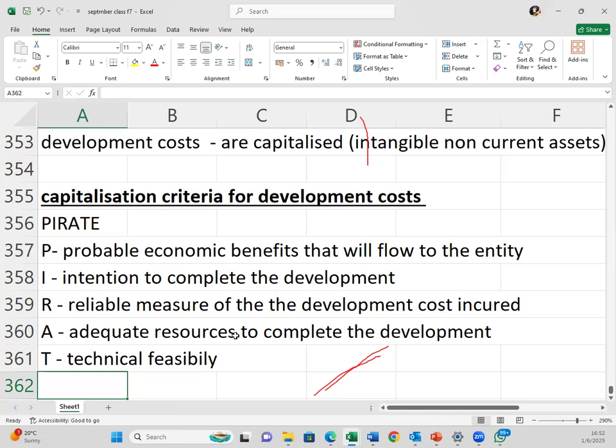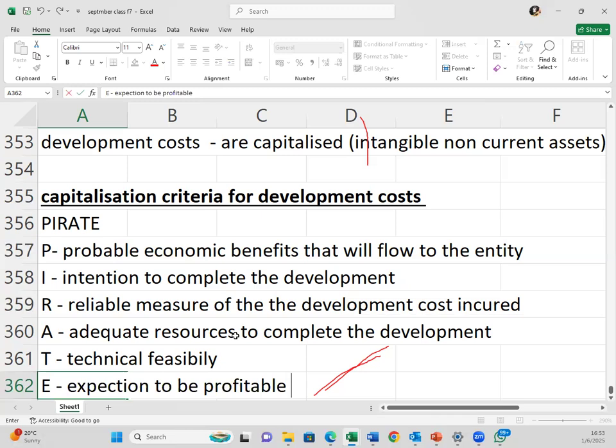Then lastly, expectation to be profitable. If we think it's a loss, then it becomes an onerous situation and we recognize it as an expense. This goes along with the first one: we are expecting economic benefits, so we are expecting a profitable development.